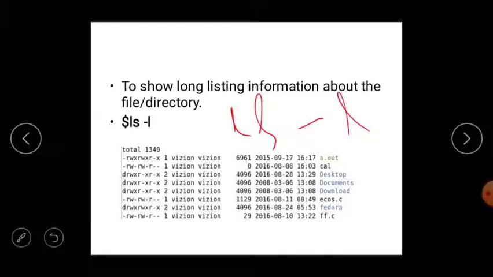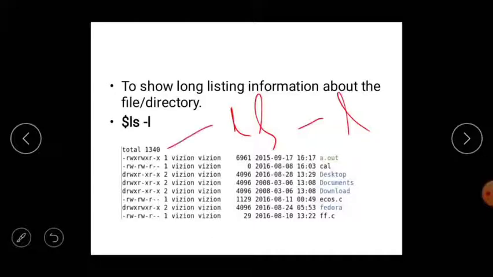L means long listing, means you can see all the information about the file here. What are the information?